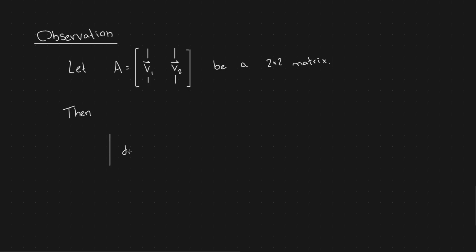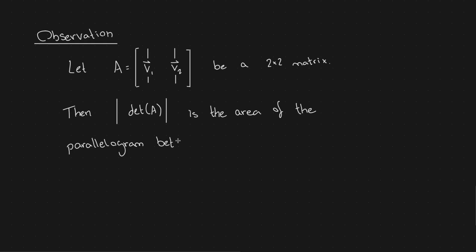Then the absolute value of the determinant of A is the area of the parallelogram determined by vectors v1 and v2 in R2.